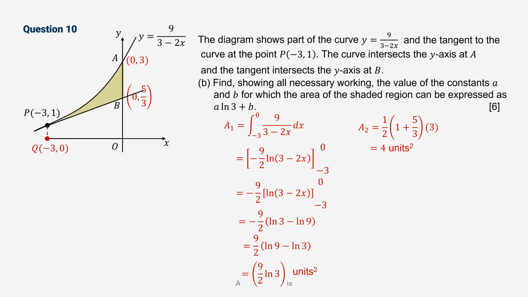Alright, now we can find the area of the shaded region, which will be A1 minus A2. Substituting the values, 9 over 2 ln 3 minus 4. Comparing with the given form, we can see that A is equal to 9 over 2, and B equals negative 4.